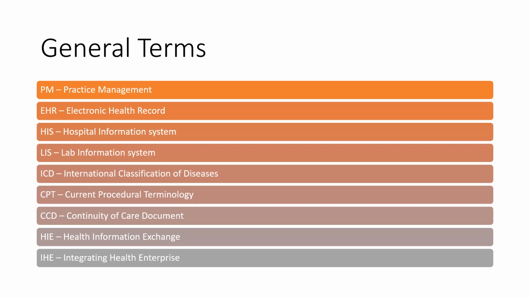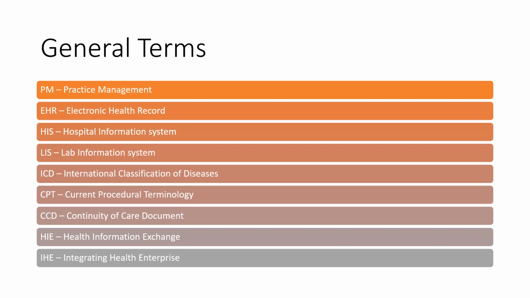Then we have LIS and RIS. LIS and RIS are lab information system and radiology information system. These applications are specifically used in laboratory systems, whether it is a radiology lab or the generic lab. Then you have a few terminologies like ICD, CPT.